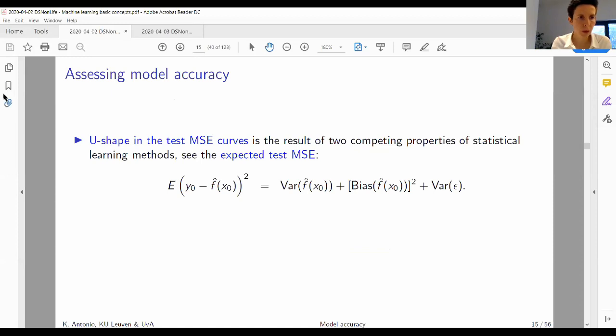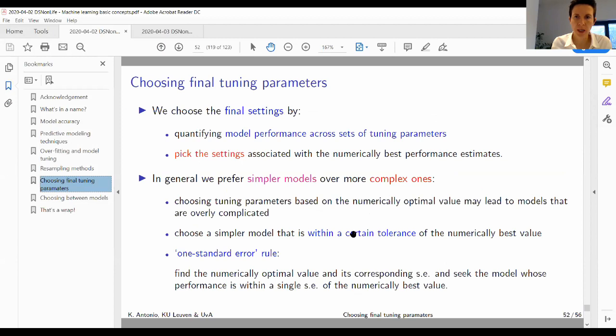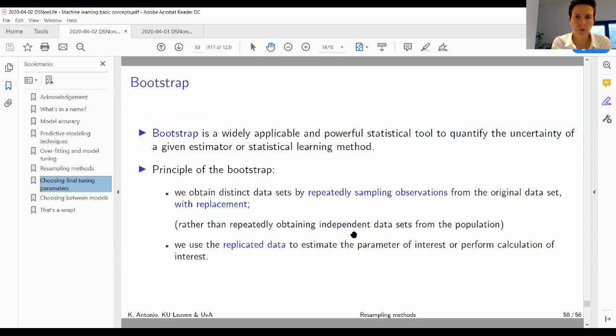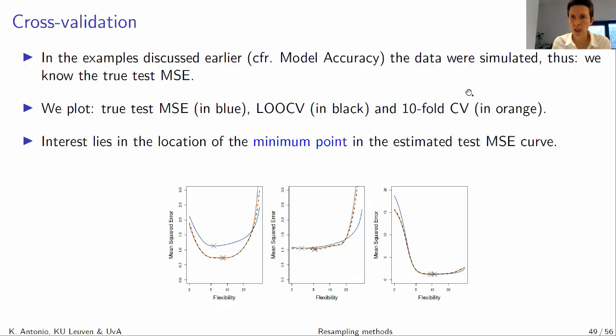Okay, so let's jump back to the final steps that I still need to discuss. So we're here then. What you can see here is we return to the examples discussed earlier on. The example with the black curve, the orange curve, the blue one, and the green one. And what you can see over here is the true test mean squared error, that's in blue.